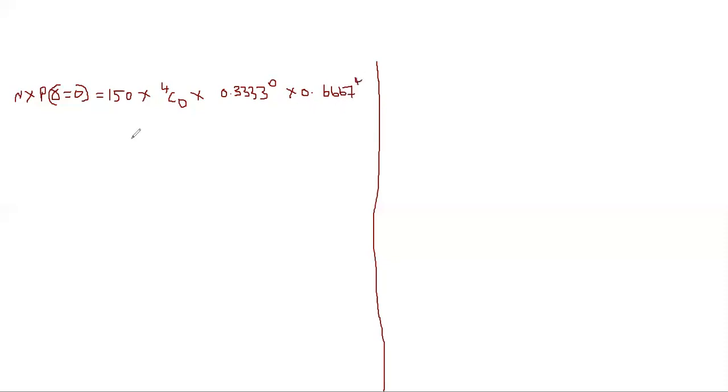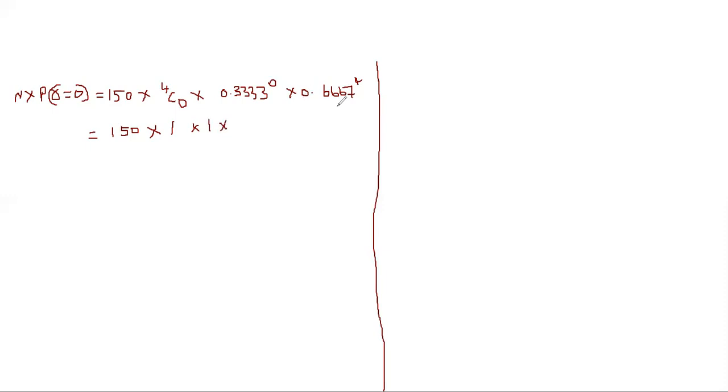Now you simplify this. Is equal to 150 into 4C0. If r value is 0, then n value may be anything, the answer you will get is 1. I already told you to remember: any value raised to the power of 0, how much will you get? 1.